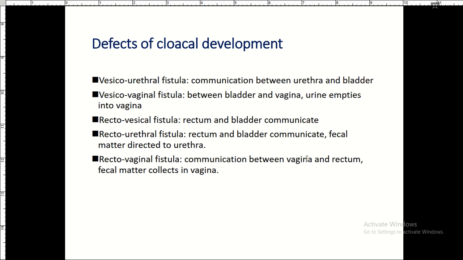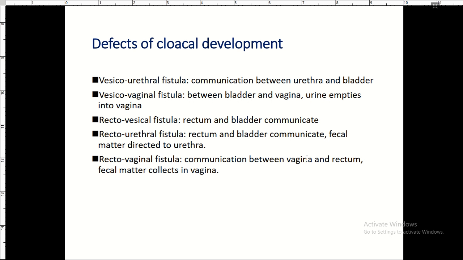Right, so let's take a look at some developmental defects, what can go wrong during the hindgut development. So you may have a lot of fistulas. You can have what's called a vesicourethral fistula. This will be a communication between the urethra and the bladder, right?